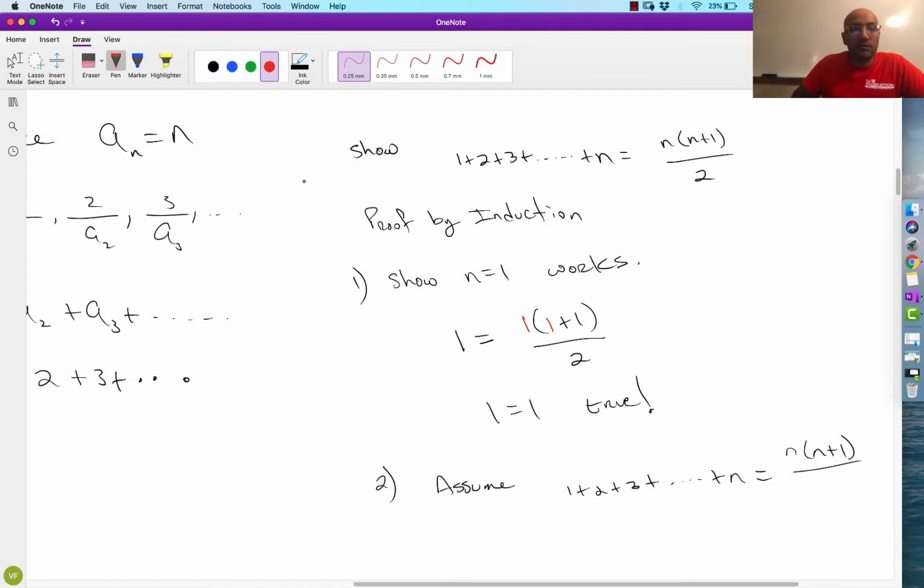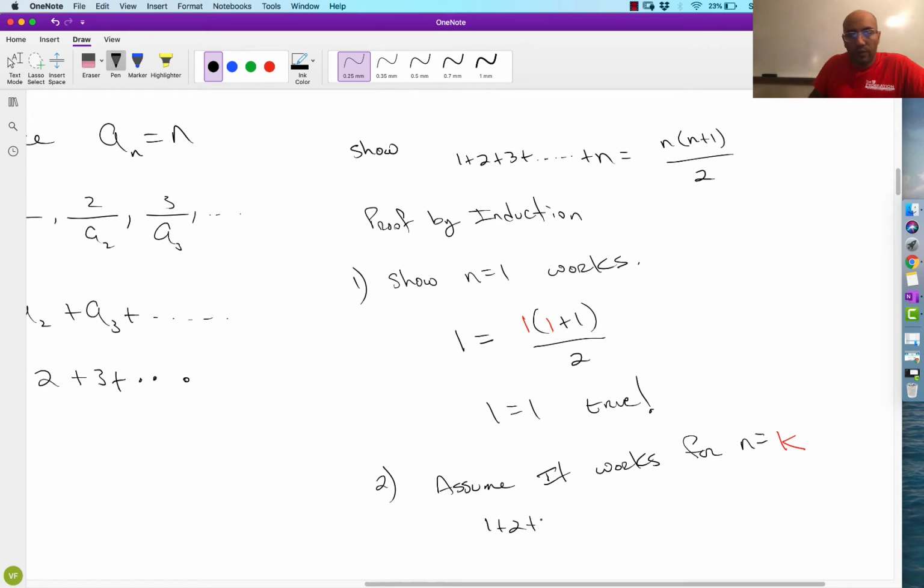Assume it works for n equals k. So let me erase this. N equals k, some kth value, assume that it works up to there. So let's spell out what that means: 1 plus 2 plus 3 plus dot dot dot all the way out to k, some value way out there, assume it works for there.